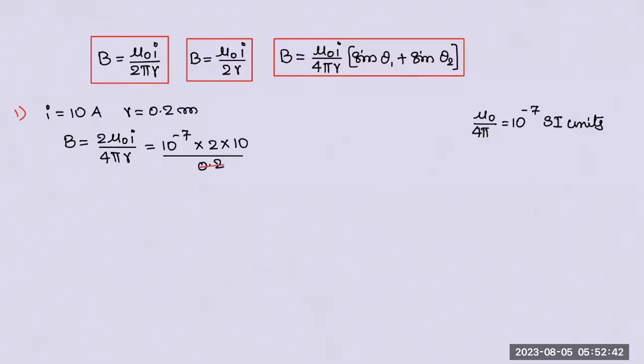The answer is 10 power minus 5 Tesla. The SI unit of magnetic field is Tesla. That's it.